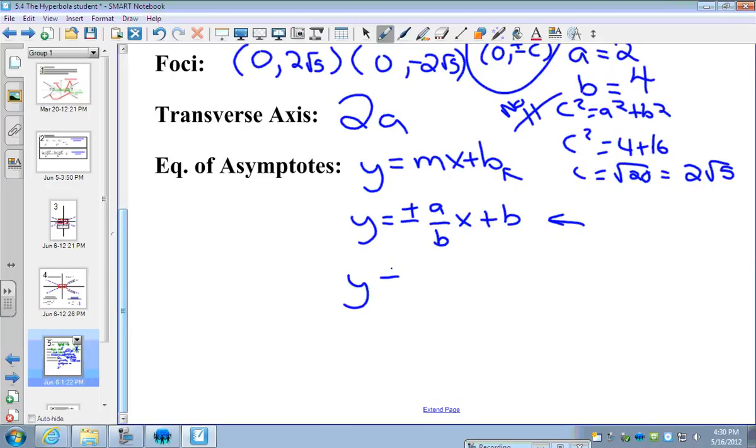So y equals plus or minus a over b, remember a was 2 and b was 4, times x plus 0. So y is equal to plus or minus 1/2 of x. Those are the equations of the asymptotes.